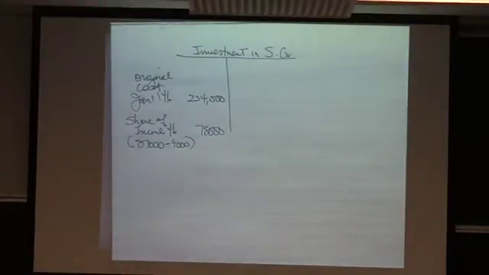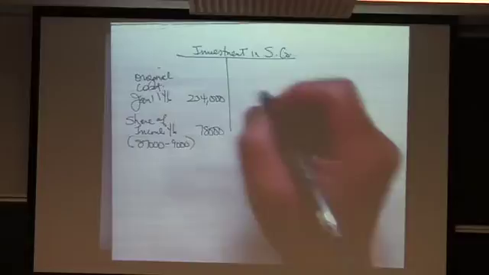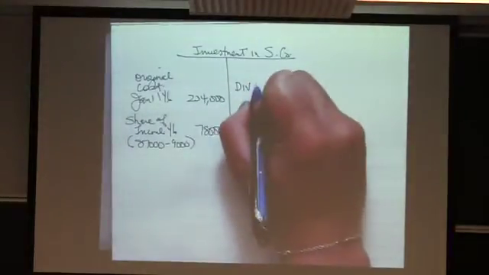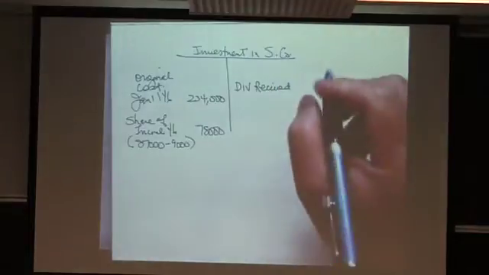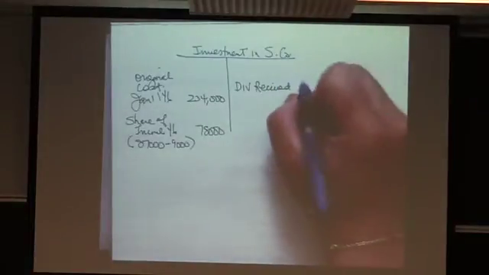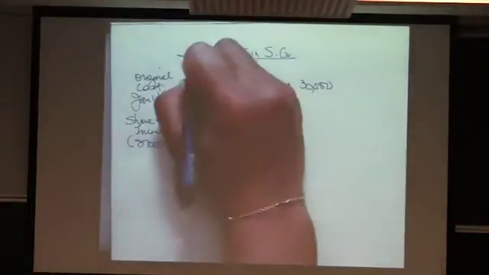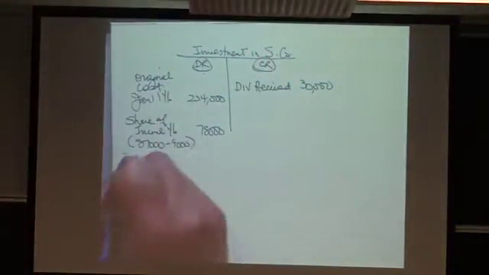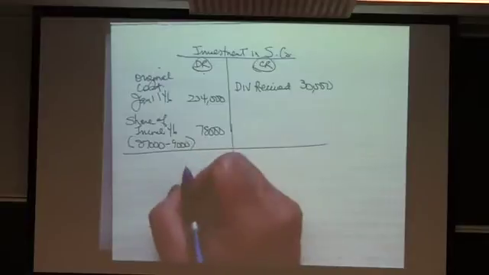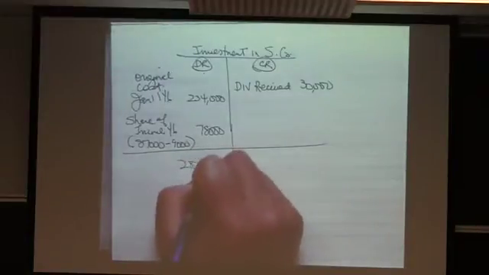And then we're going to look at the dividends received, and that would be 30,000 on the credit side, leaving us a T account balance of 282.